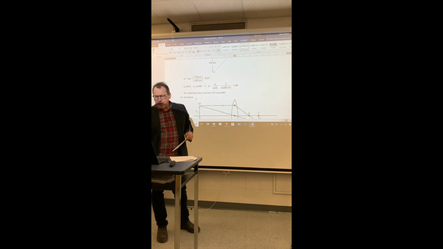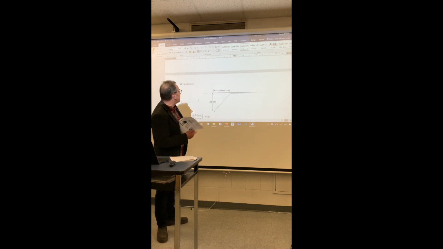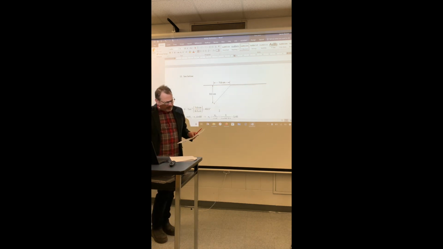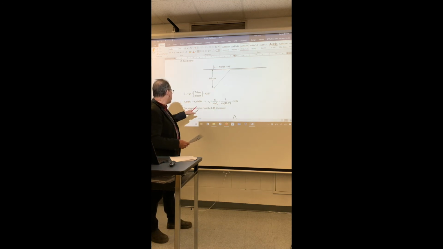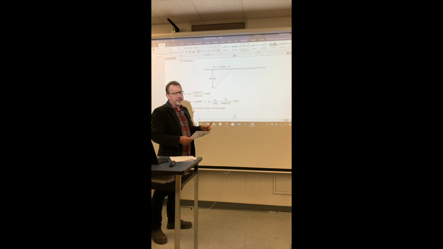So in other words, the refractive index of the, let me just reread the question. N1 is the refractive index of the material, and what we've got is air up here, haven't we? N2 is air with a refractive index of 1. So N1, the material, would have to have a refractive index of 1.5 or greater.